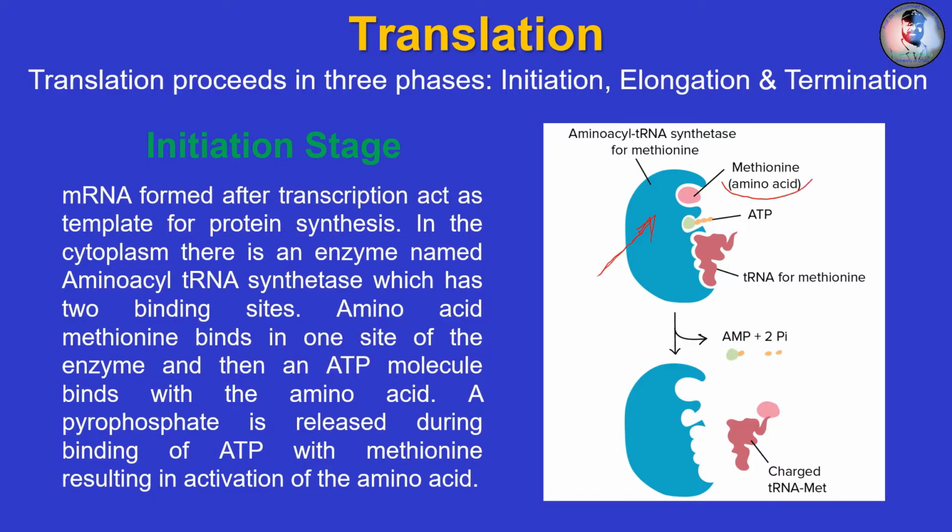The amino acid methionine binds in one site of the enzyme, and then an ATP molecule binds with the amino acid. A pyrophosphate is released during binding of ATP with methionine, resulting in activation of the amino acid.